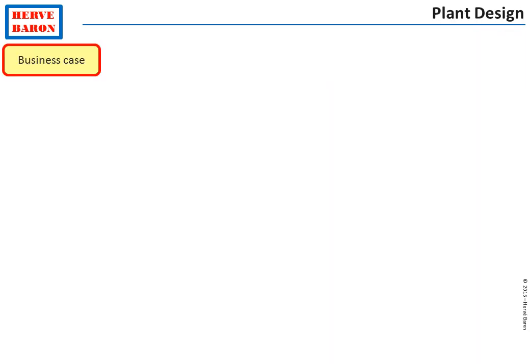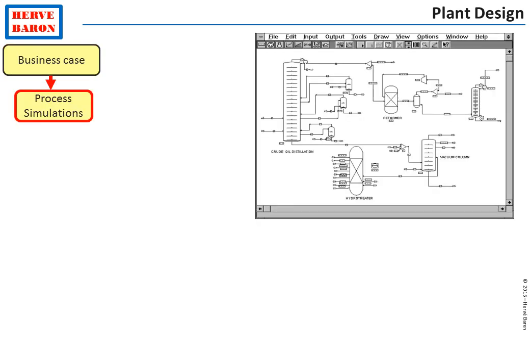It all starts with the functional requirements from business, the feedstock and the required products. The process engineers perform process simulations and develop process schemes in order to transform the feedstock into the required products.